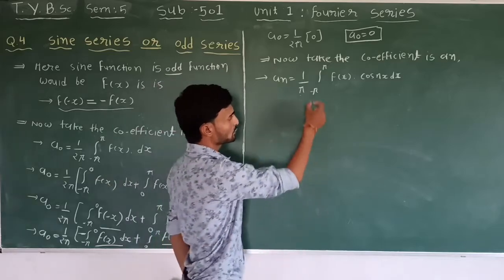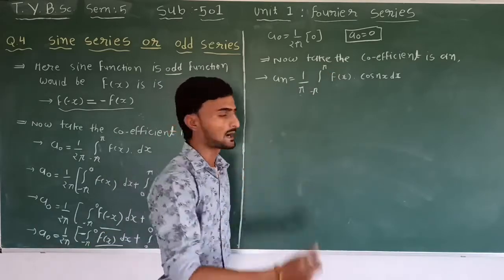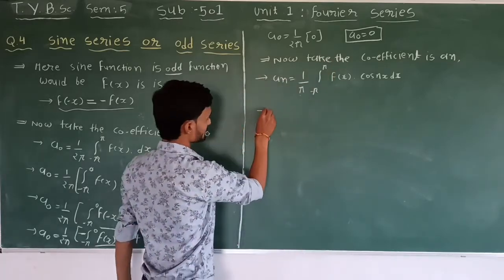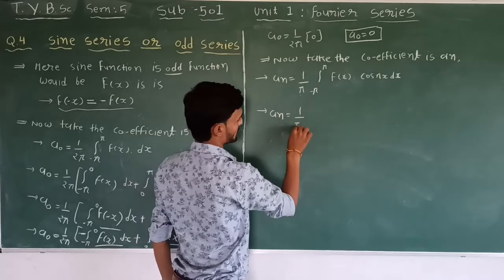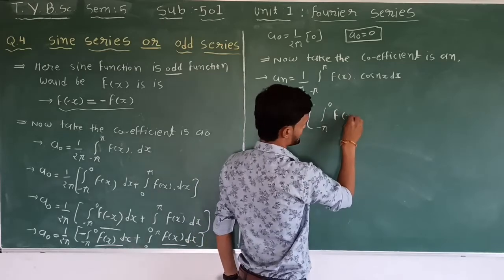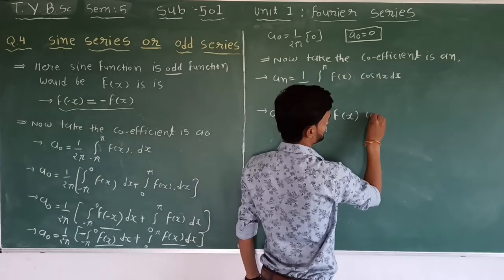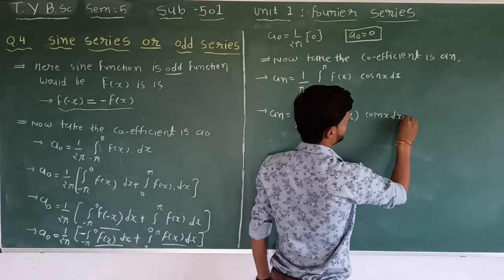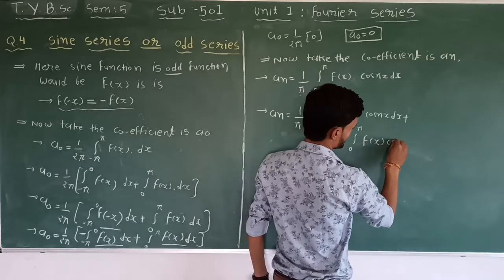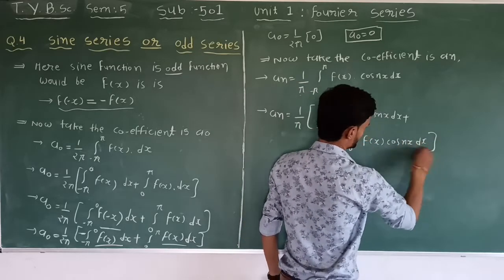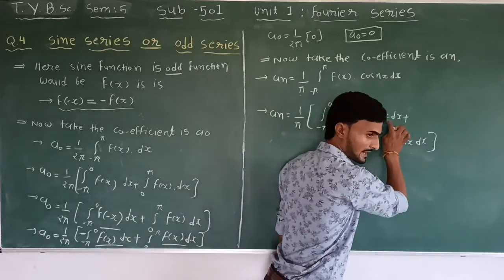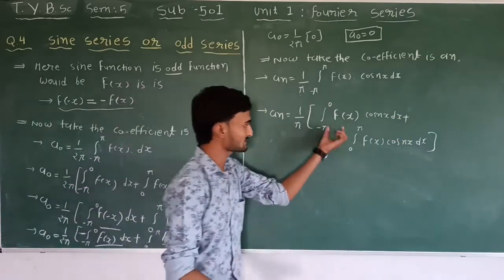Now split the integration into two parts: minus pi to 0 is one part and 0 to pi is the second part. An is equal to 1 upon pi, first integral from minus pi to 0 of f of x into cos nx dx plus integral from 0 to pi of f of x cos nx dx. For minus pi to 0, the f of x value is negative and the cos value is negative.